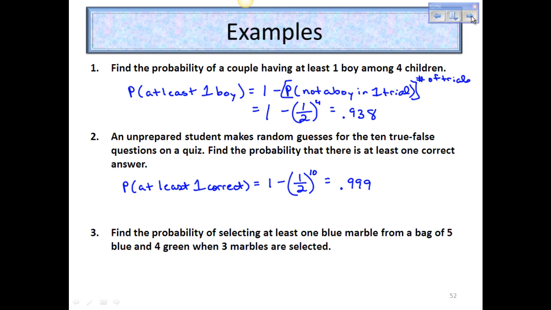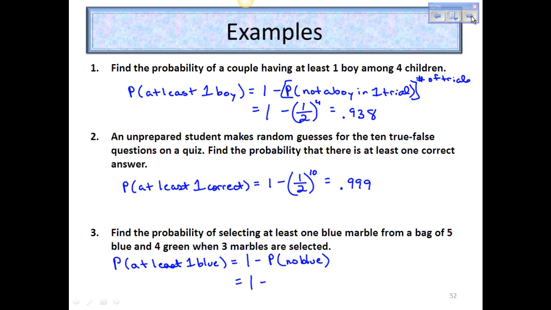So what we have here is the probability of selecting at least one blue. So that would be 1 minus the probability of no blue on 3 trials.